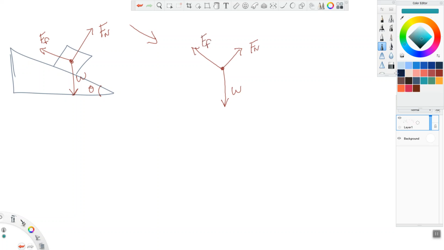Now I'll include my components. We'll call this weight perpendicular to the board, because it's the force going into the board. And then you have weight parallel, which is the weight that's parallel to the board and the way it wants to move.